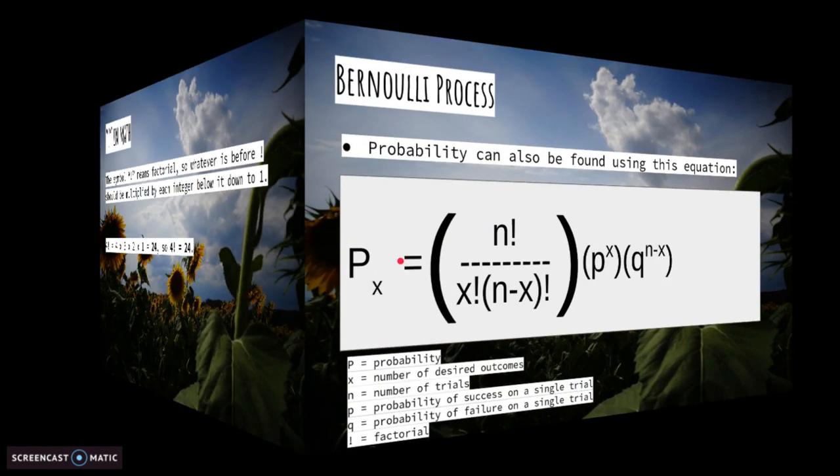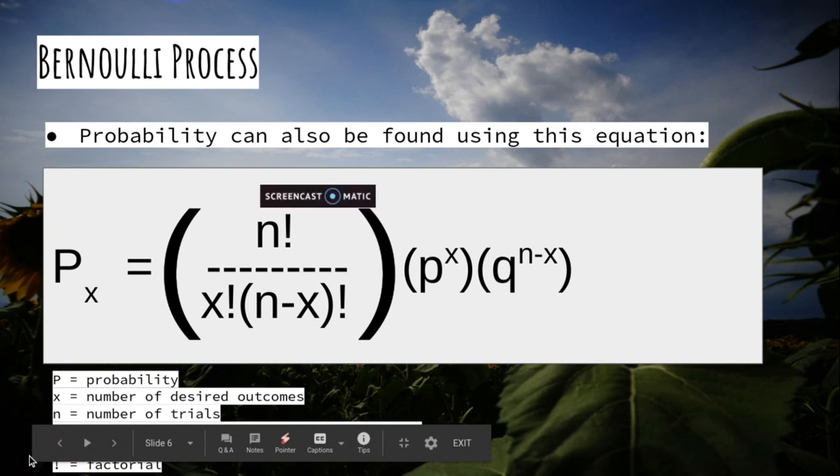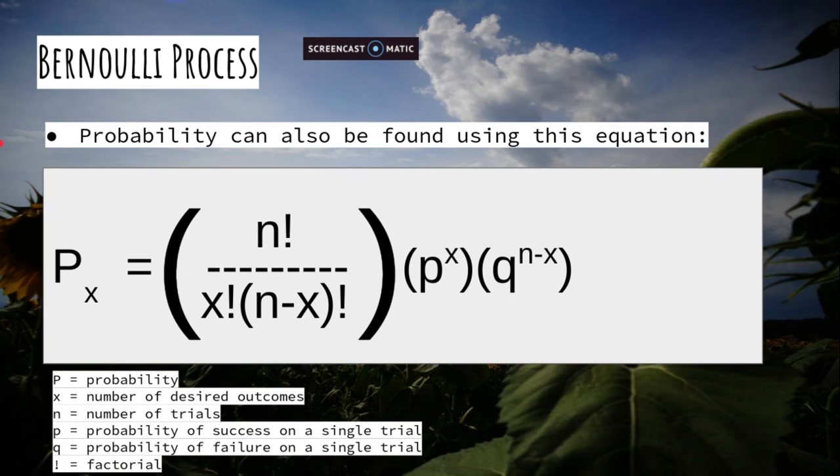And why we said that is because it's in this equation that we're about to use, which looks really complicated, but it's not really. You just have to find 4 things: n, x, q, p, lowercase p. But uppercase P is what you're finding in the end, which is probability.